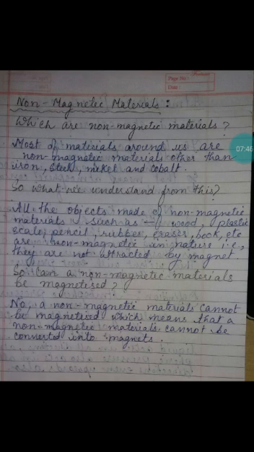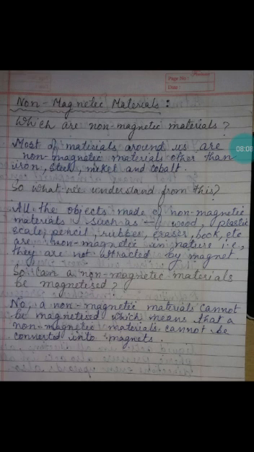So what we understand from this is that all the objects made of non-magnetic materials such as wood, plastic scale, pencil, rubber, eraser, book, etc. are non-magnetic in nature. That is, they are not attracted by a magnet.